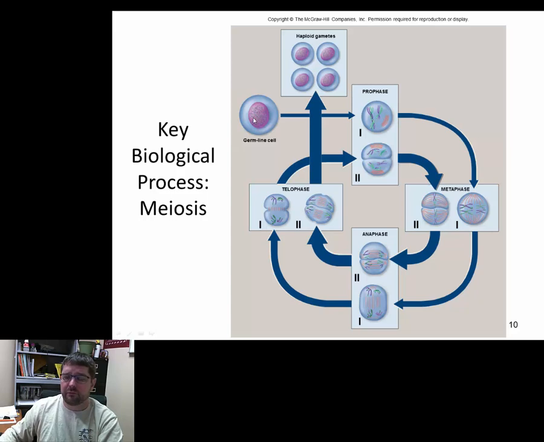So the DNA has already been replicated. The cell's big enough. The cytoplasm's there. Any mitochondria or anything else that occurs in the cell, depending on the individual and the organism that we're talking about, you might have quite a few organelles in here or very few organelles in here. Okay? But nonetheless, DNA has been copied.